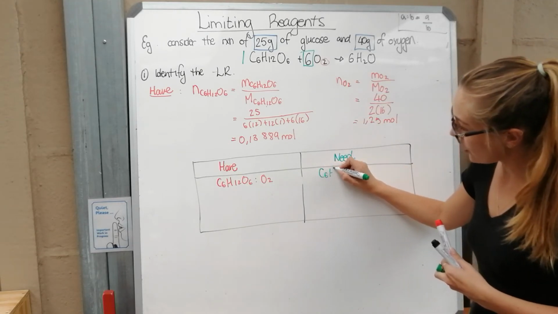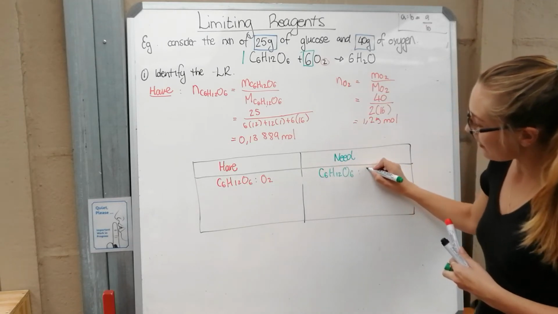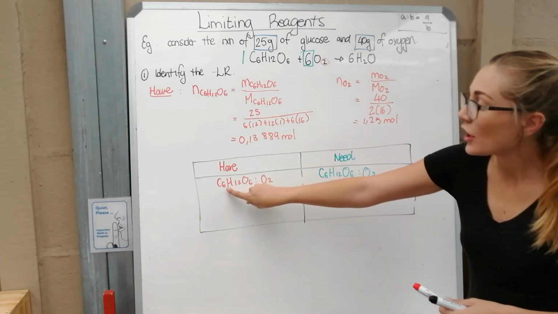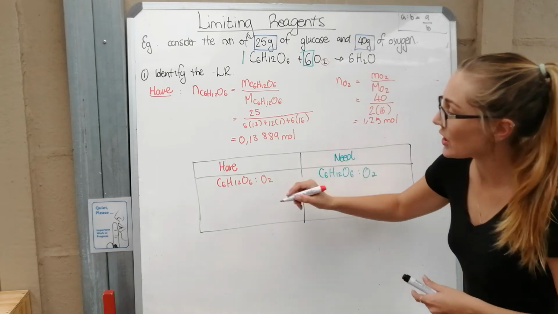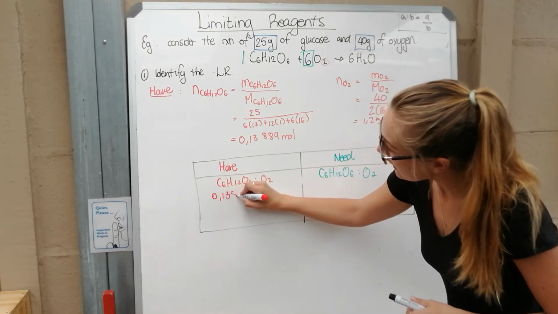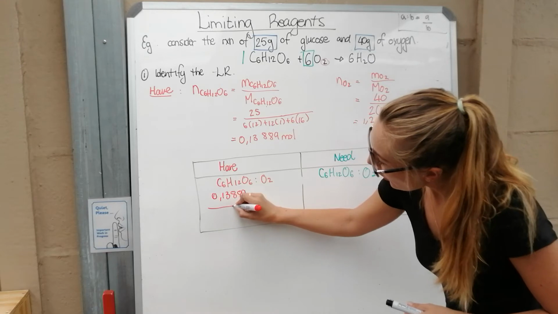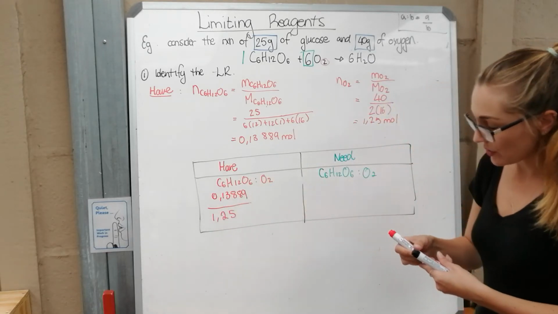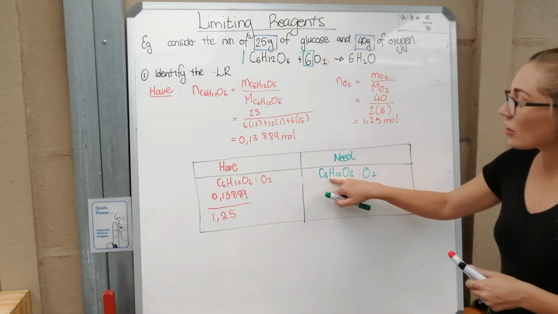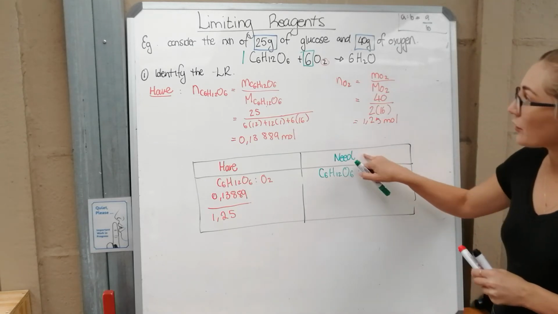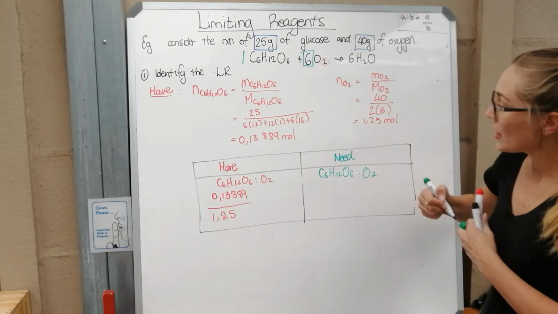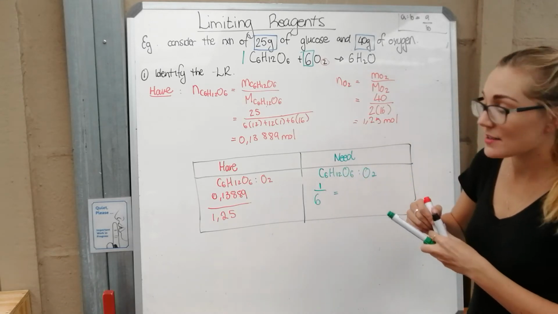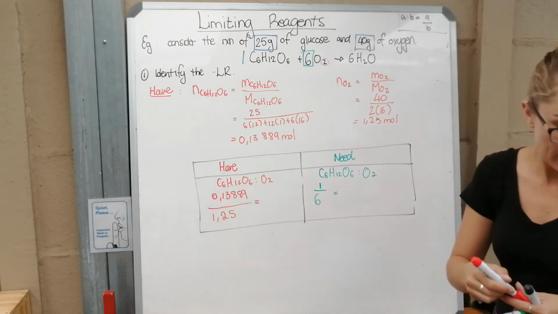For the have ratio, glucose over oxygen, it's 0.13889 over 1.25. And we do the same thing here, the glucose number and then the oxygen number, using our balancing numbers. So this is 1 over 6. And we plug these into our calculators and see what we get.